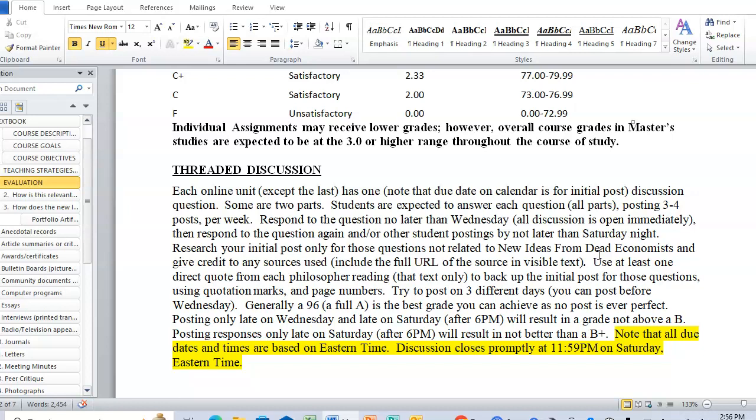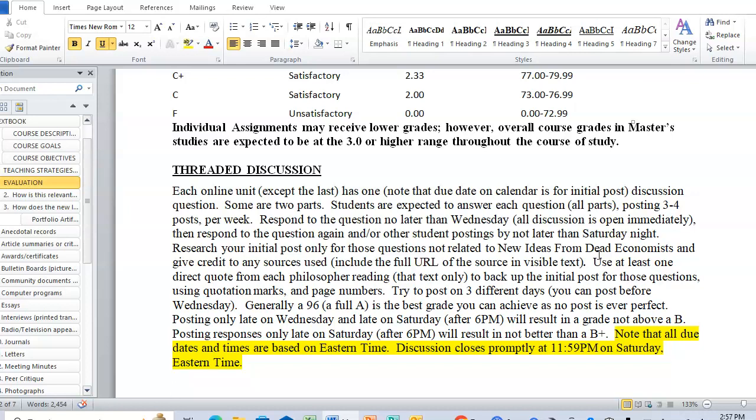For threaded discussion, every unit, because they're all online, has one thread discussion question, except for the last unit, week 12, which has no thread discussion. Some of those discussion topics have two different parts, and you have to answer both parts.